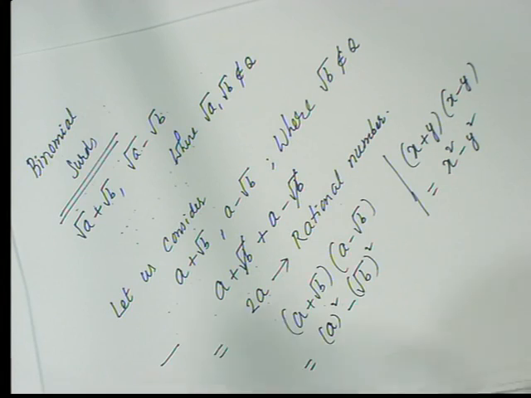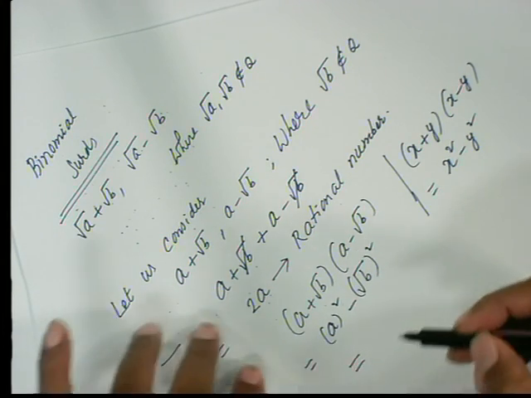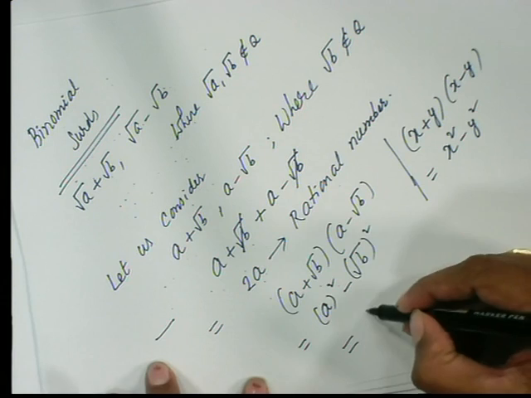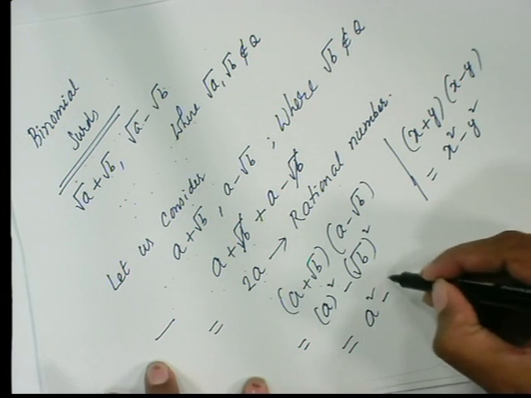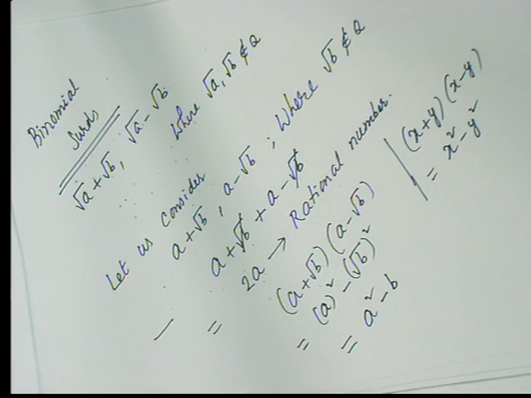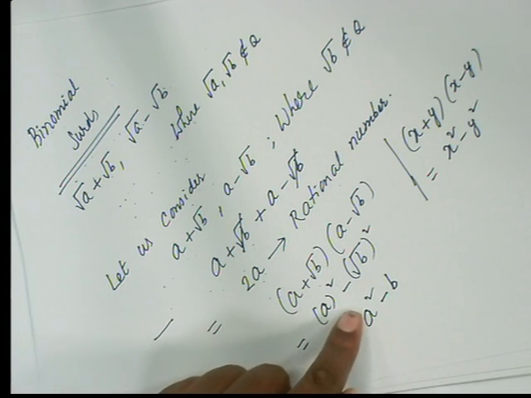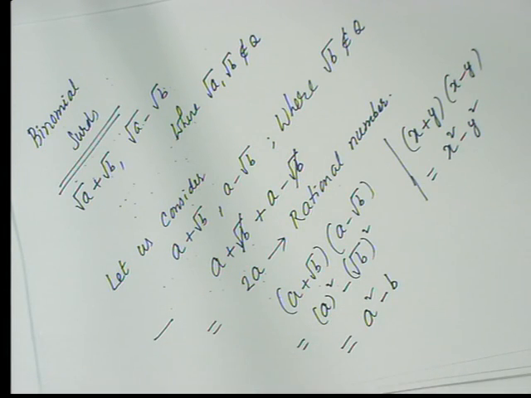So now we get a square minus b. Observe, here a square is a rational number, b is a rational number. The difference of rational numbers is also a rational number. They follow the closure property under subtraction.